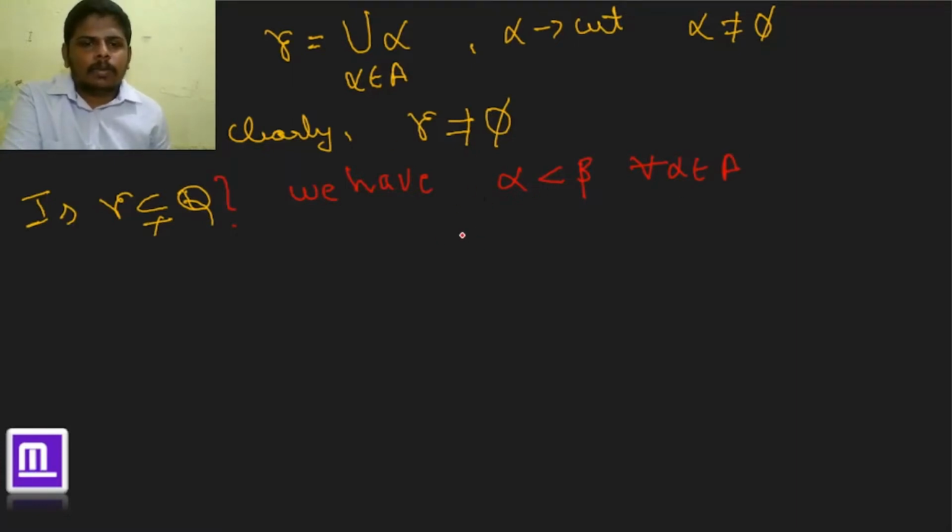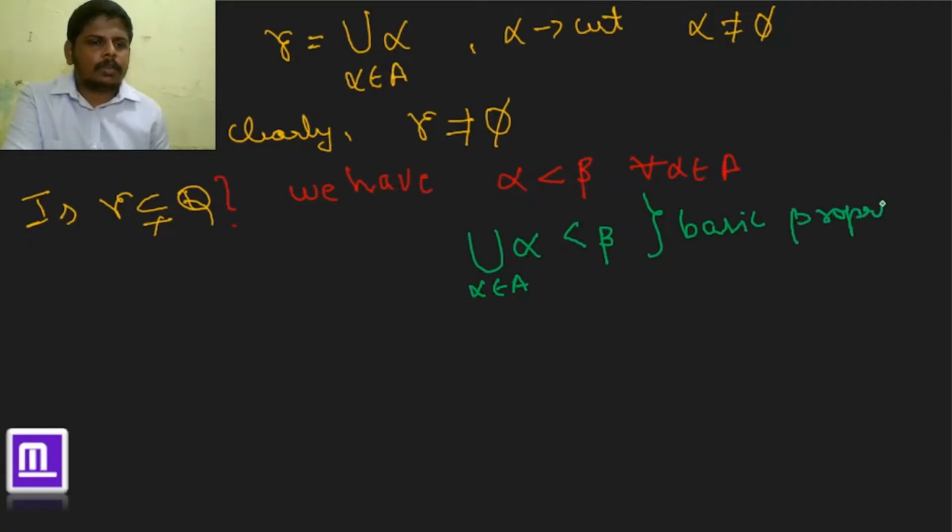Now what we have is that the union of all the alphas is again less than beta. This is one of the basic properties of sets, a basic result.